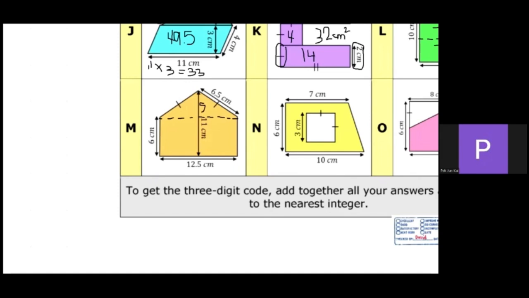So 12.5 centimeters times 5 divided by 2 would be 31.25, the area of the triangle. And then the rectangle, we can take 12.5 times 6, and then we would get 75. We add 75 and 31.25, and we will get 106.25.